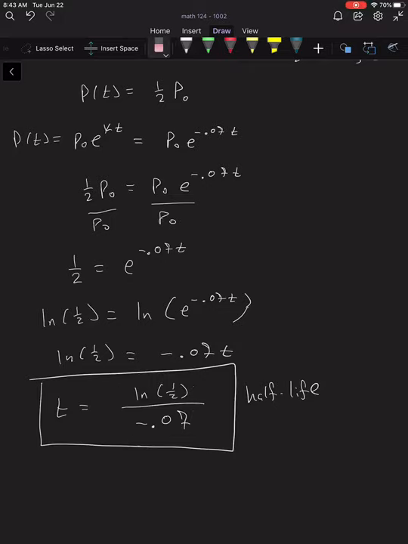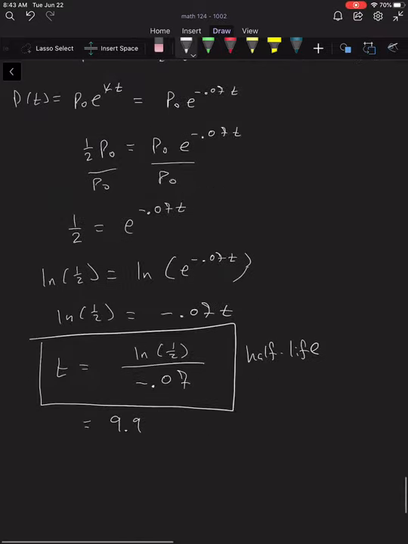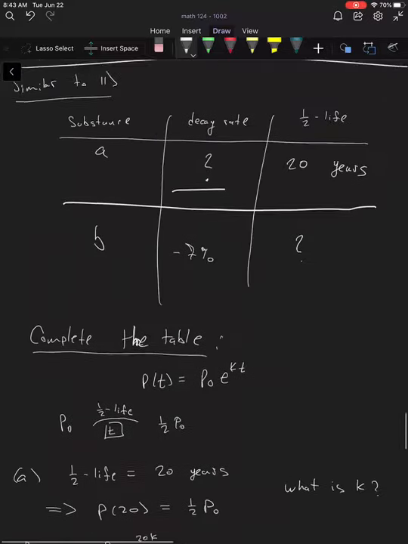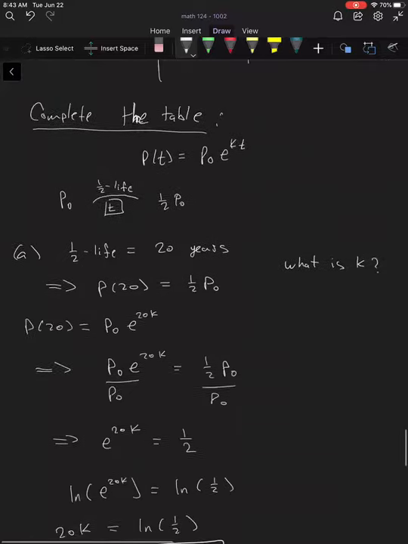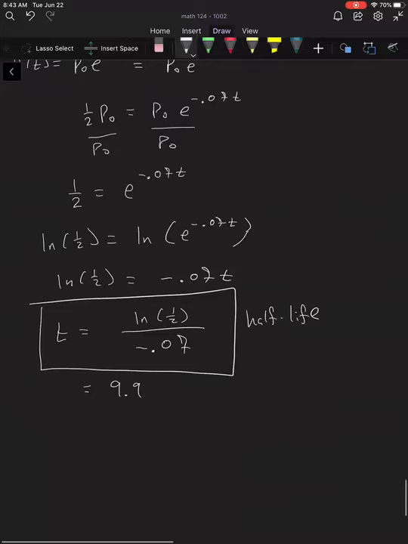Natural log 1/2 divided by minus 0.07 is equal to 9.9. We didn't say a unit, so maybe it's years, or, let's just make it minutes. Let's say 9.9 minutes.